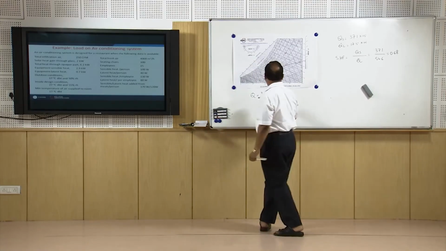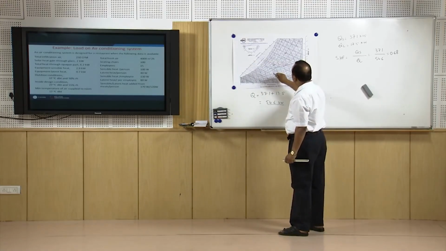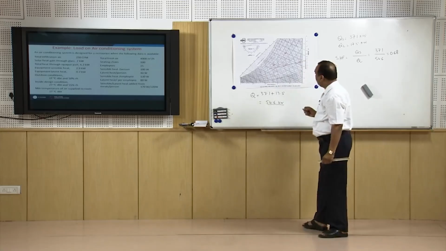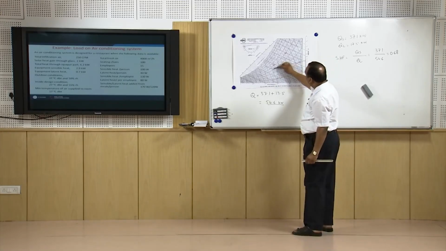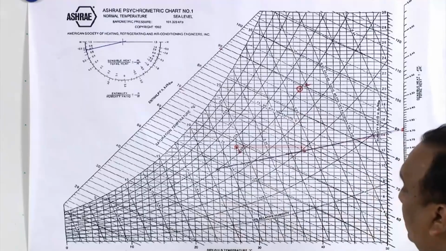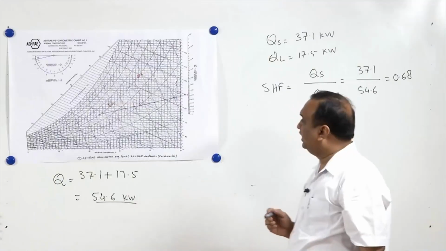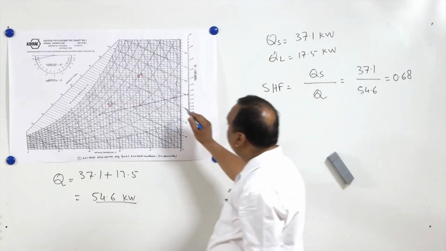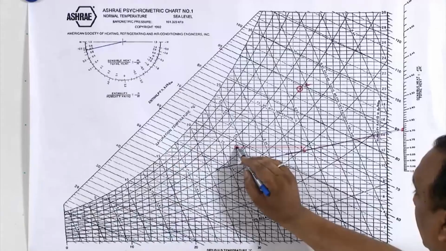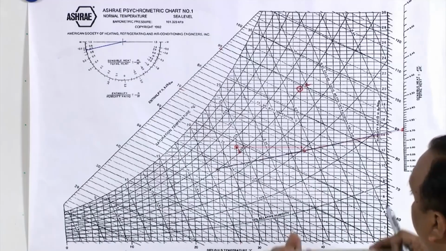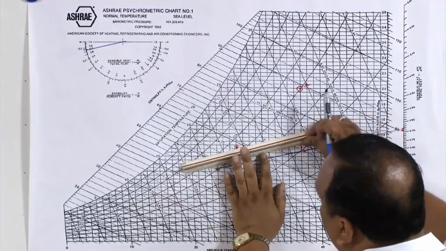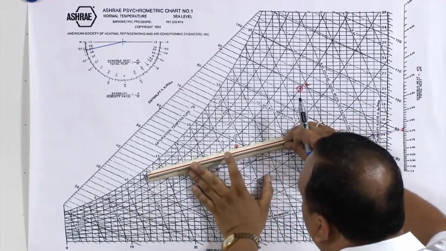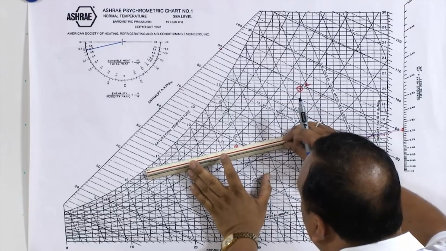Now the room condition is this, right. A line parallel to this line passing through this point will give the sensible heat factor line passing through the room condition. So we will draw a line parallel to this line passing through the inside room condition.